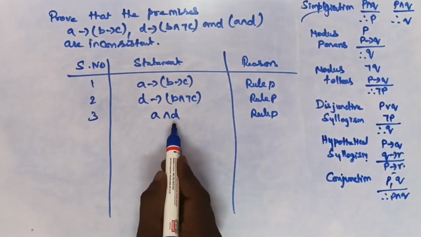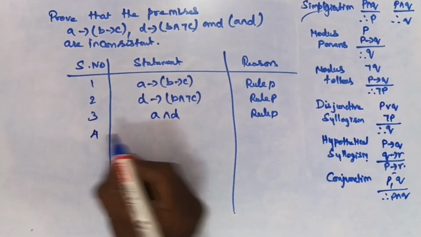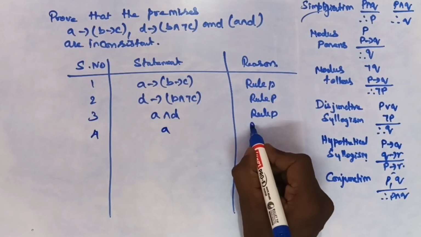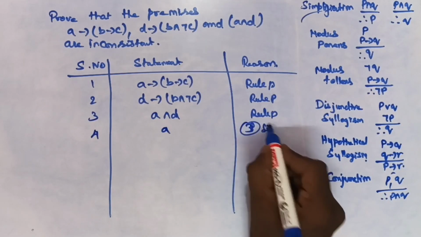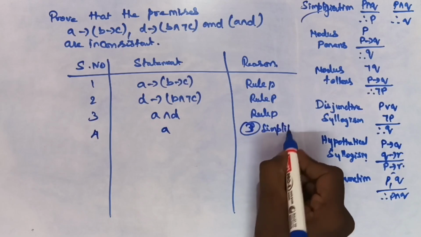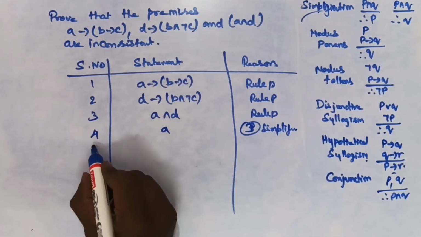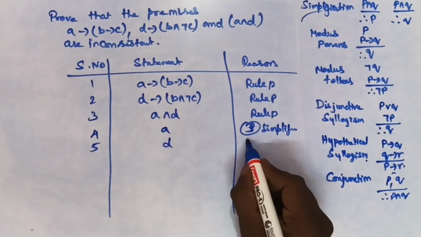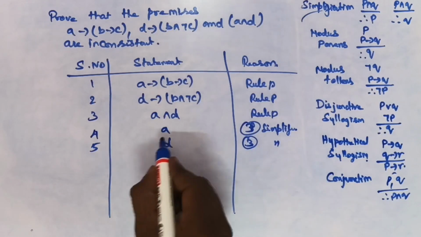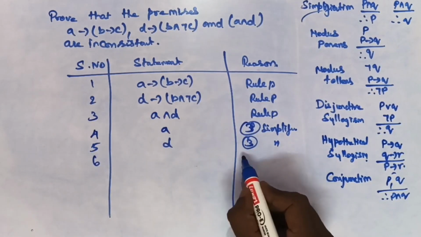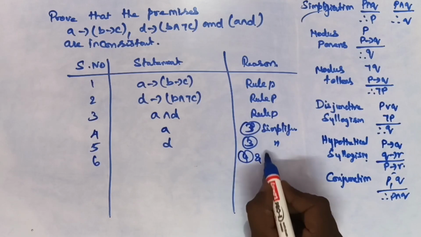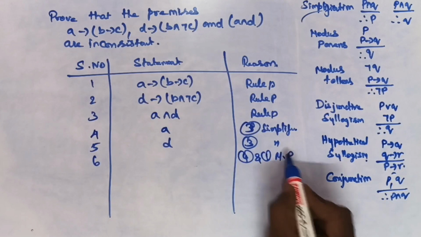You can split this: fourth one, A, simplification by rule T. Fifth one also D, by third simplification.